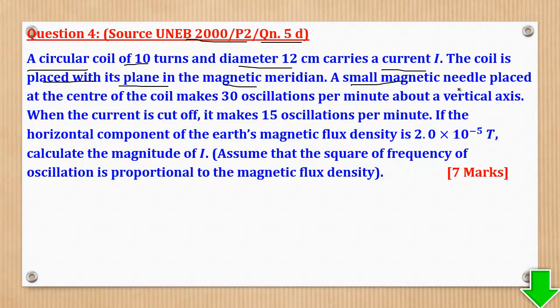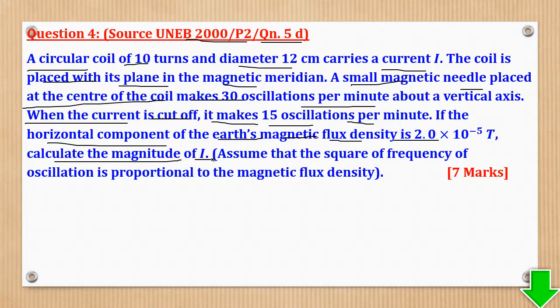A small magnetic needle placed at the center of the coil makes 30 oscillations per minute about a vertical axis. When the current is cut off, it makes 15 oscillations per minute. If the horizontal component of the Earth's magnetic flux density is this, calculate the magnitude of I.